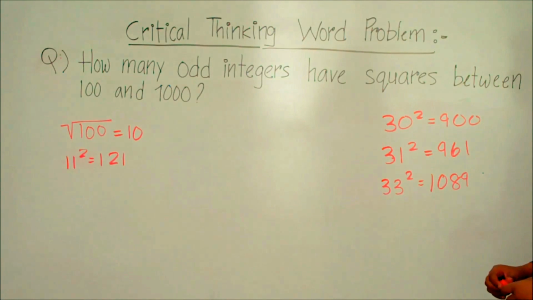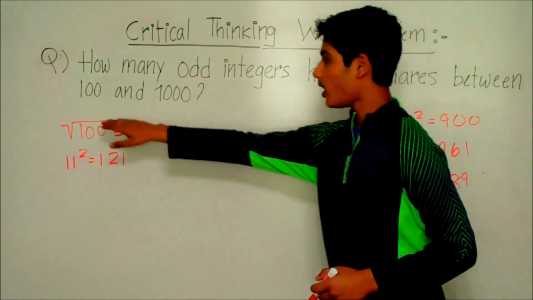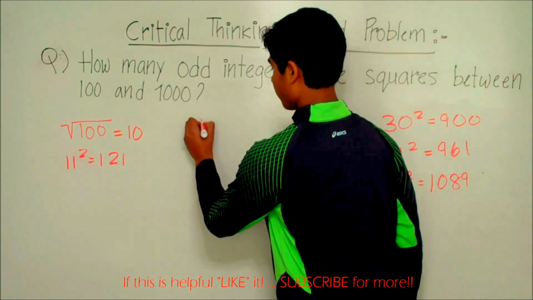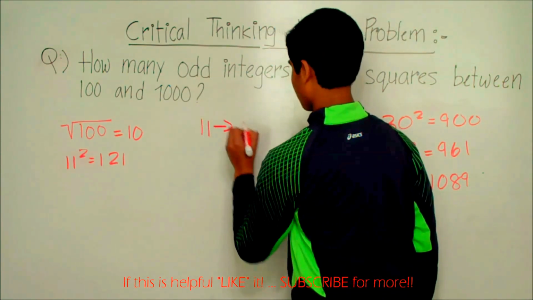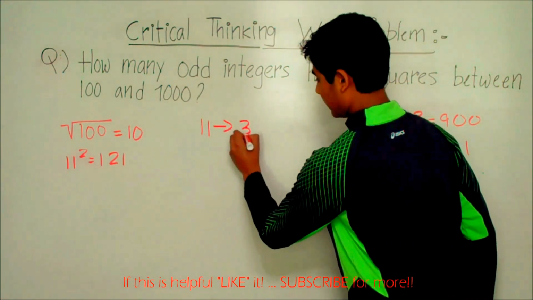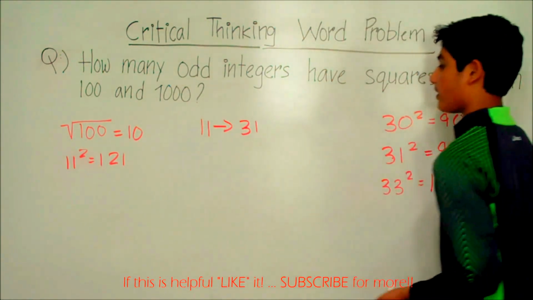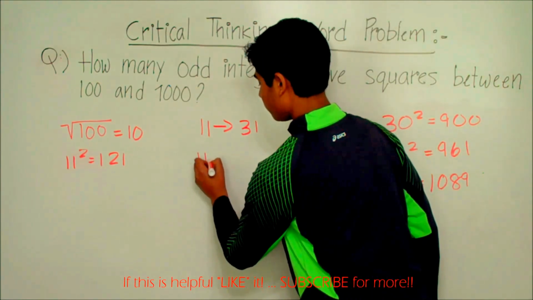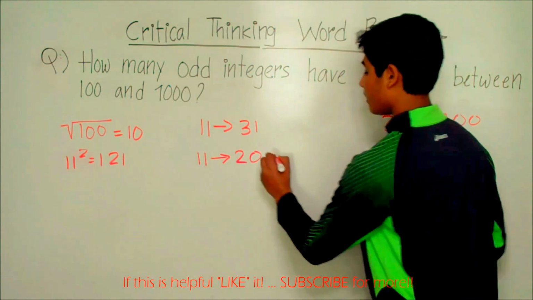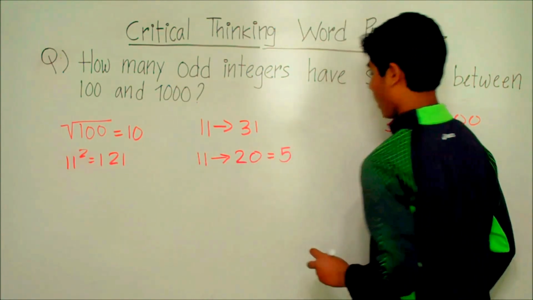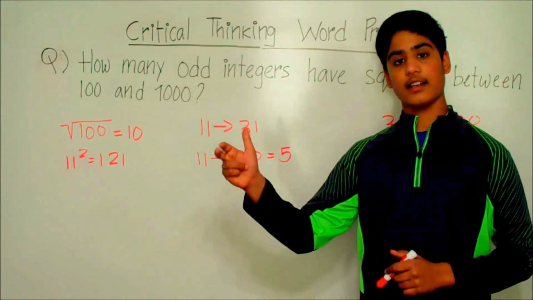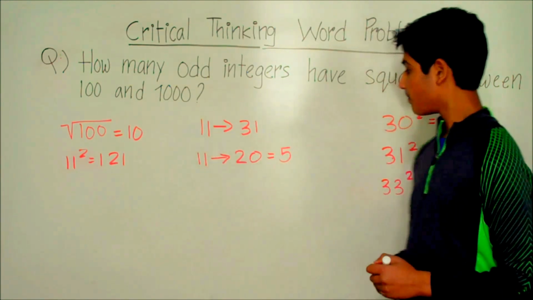To find out how many squares there are between 100 and 1000, we have to find out how many odd integers there are between 11 and 31, and these include 11 and 31. From 11 to 20, which includes 11, there are 5 odd integers: 11, 13, 15, 17, and 19.